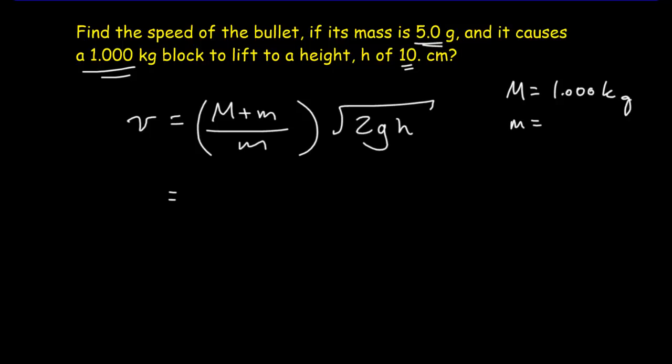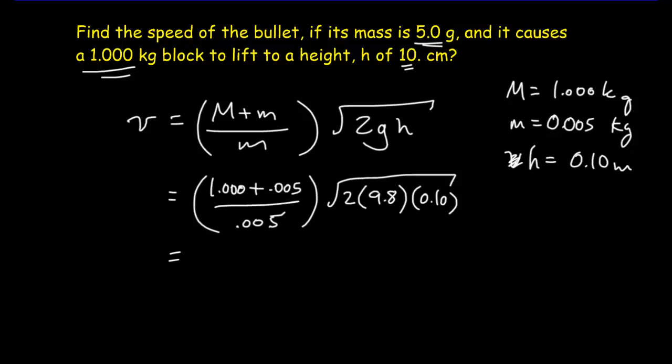Little m in kilograms will be 0.005, and the height will be 0.10 meters. So when we do that, we get an answer of 280 meters per second for the speed of the bullet.